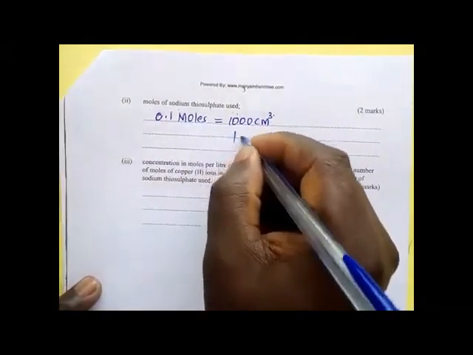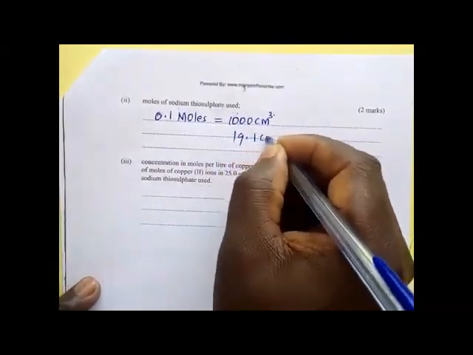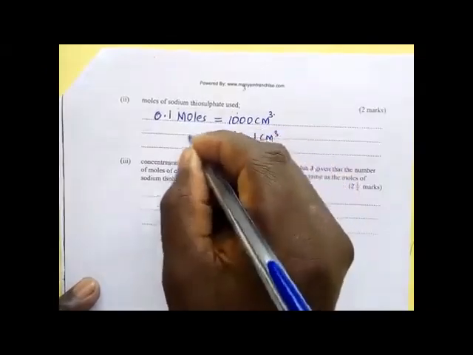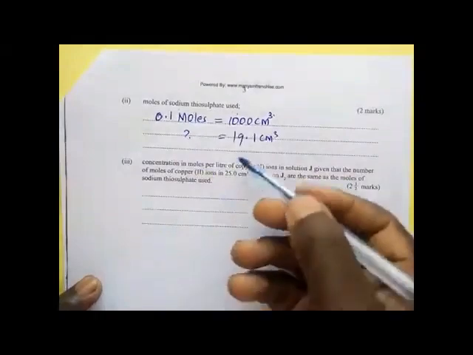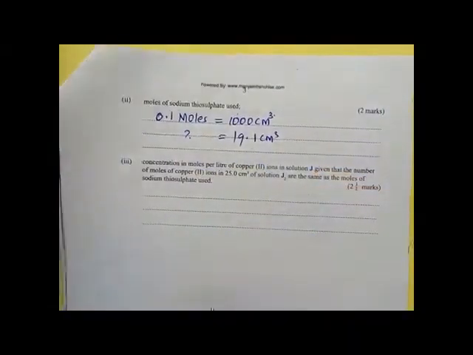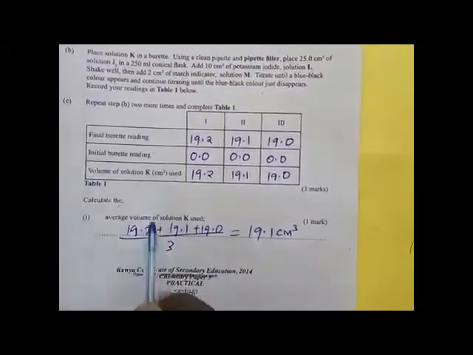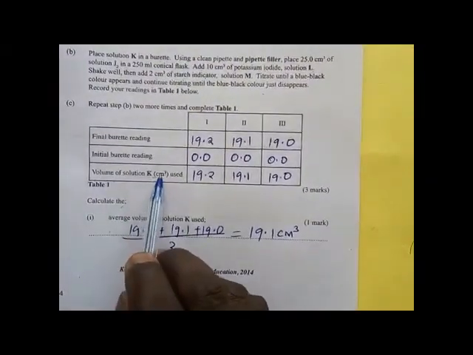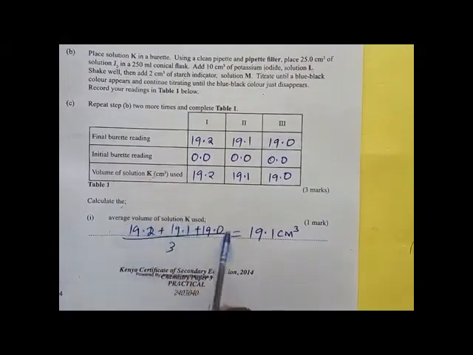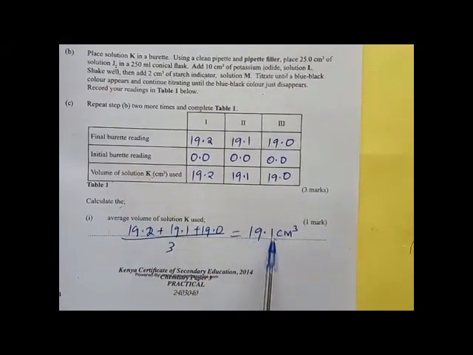But we have used sodium thiosulfate solution K 19.1, so we will ask 19.1 centimeters cube will contain how many moles? You need to understand 19.1 is our volume. Solution K is sodium thiosulfate. The average volume is 19.1. We want to calculate the number of moles in 19.1 sodium thiosulfate.